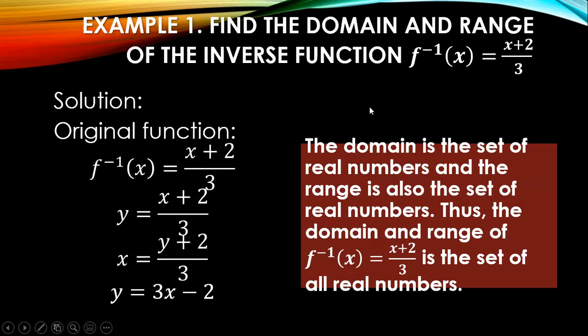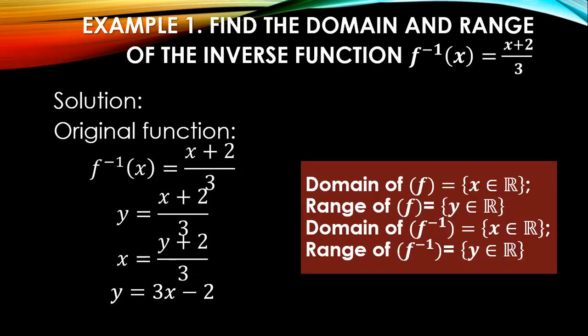So, the domain is the set of real numbers and the range is also the set of real numbers. Thus, the domain and range of f raised to negative 1 of x is equal to x plus 2 over 3 is the set of all real numbers. So, here it is. Pag sinulat natin, okay, the domain of f is x element of all real numbers.